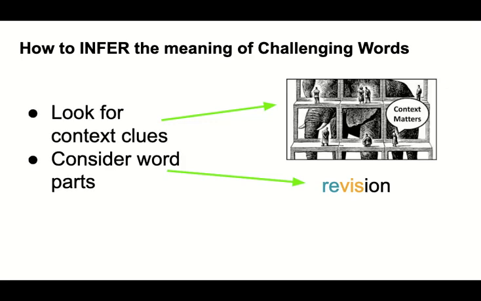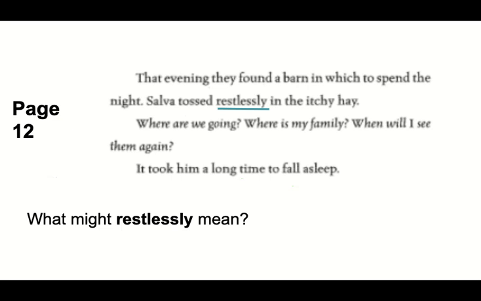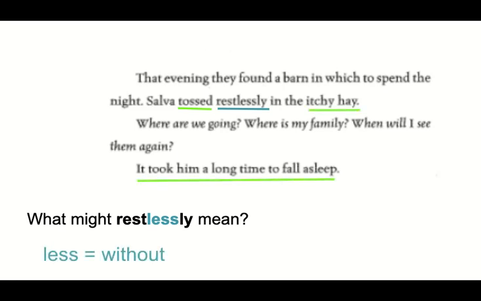Here's an example. Let's look at this passage from page 12 of A Long Walk to Water. What might the word restlessly mean? So first, we're going to look for some context clues.